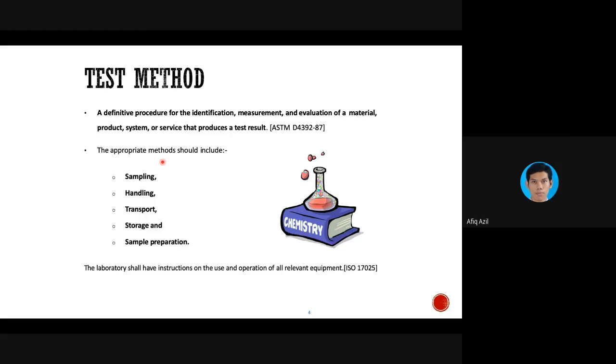So methods should include, so these are the things that you have to take into account in terms of sampling. So sampling, if you have 1,000 tablets, how much of samples do you need to represent those 1,000 tablets? So you cannot just take one. Probably you need to do random sampling.